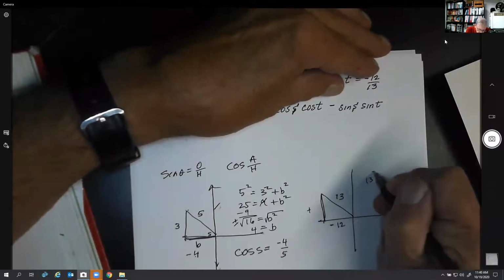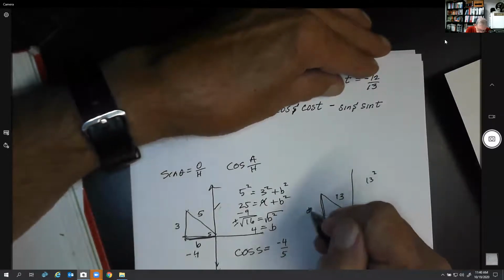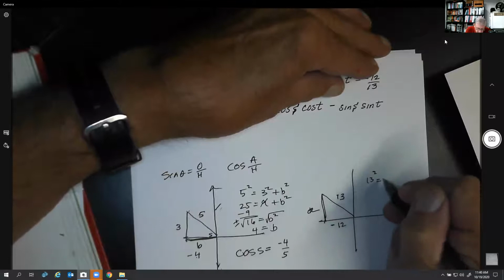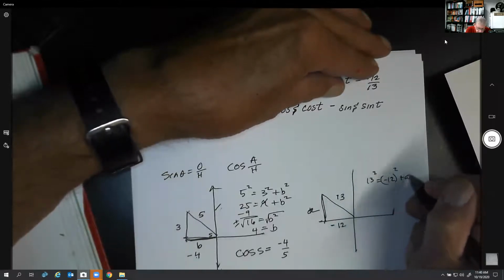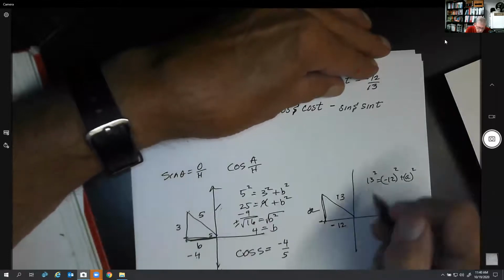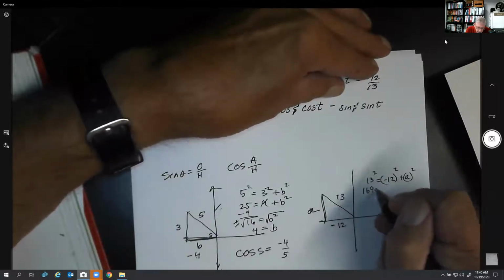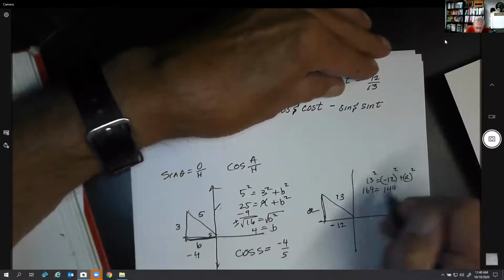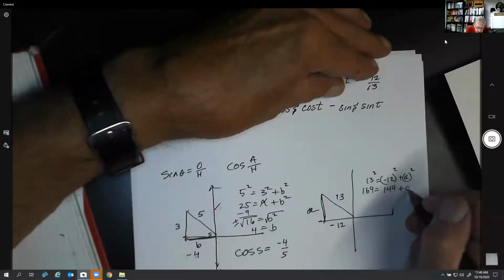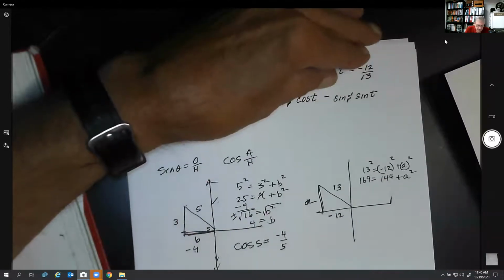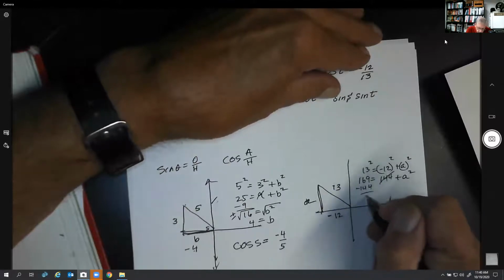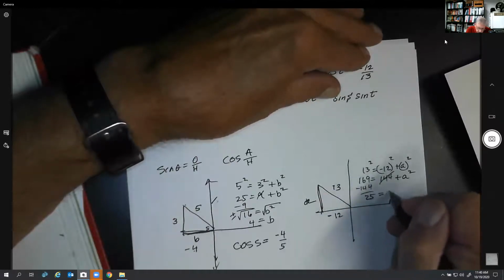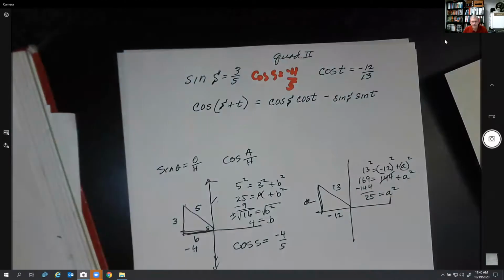13 squared, let's call this side A, equals -12 squared plus A squared. 169 equals 144, you can use your calculator, plus A squared. Subtract that off. 25. Of course, these are coming out nice. Yours won't. No, hopefully they will.